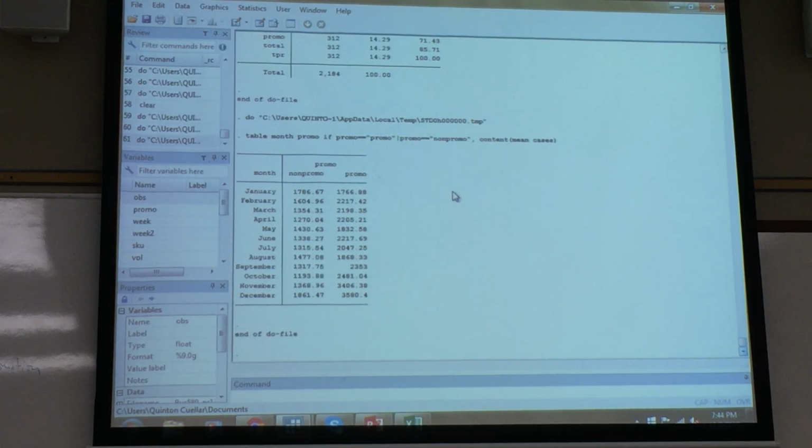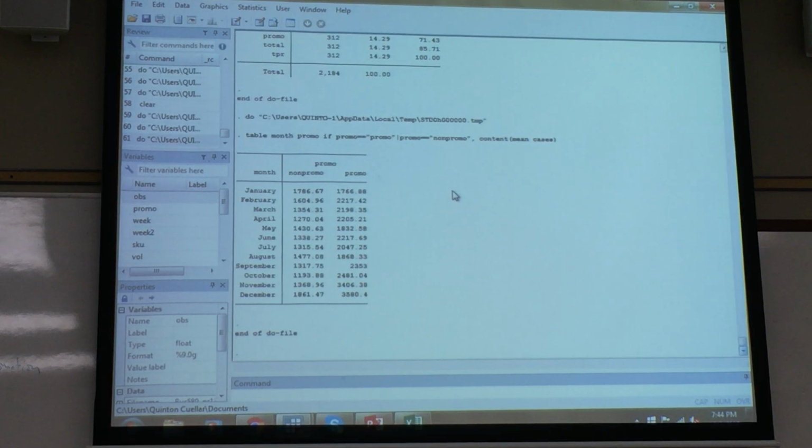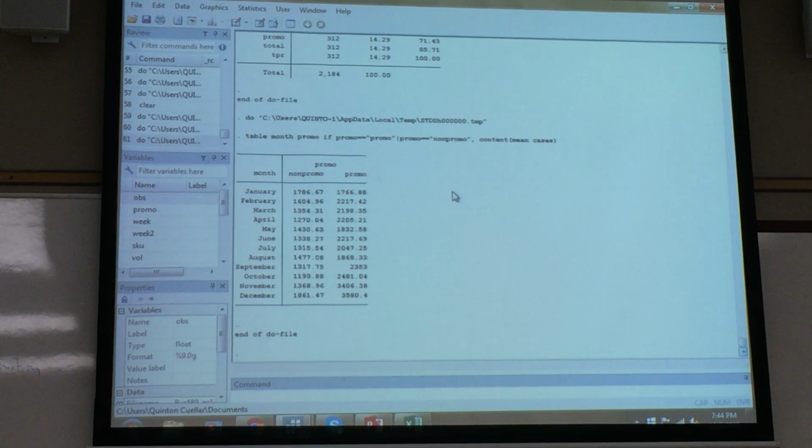Why is January strange? It's right after the holidays. Yeah, so this is one of those data processes. Remember that Nielsen collects data at the week ending date, so some of the Christmas sales are going to carry over into January, and that's probably what we're seeing.